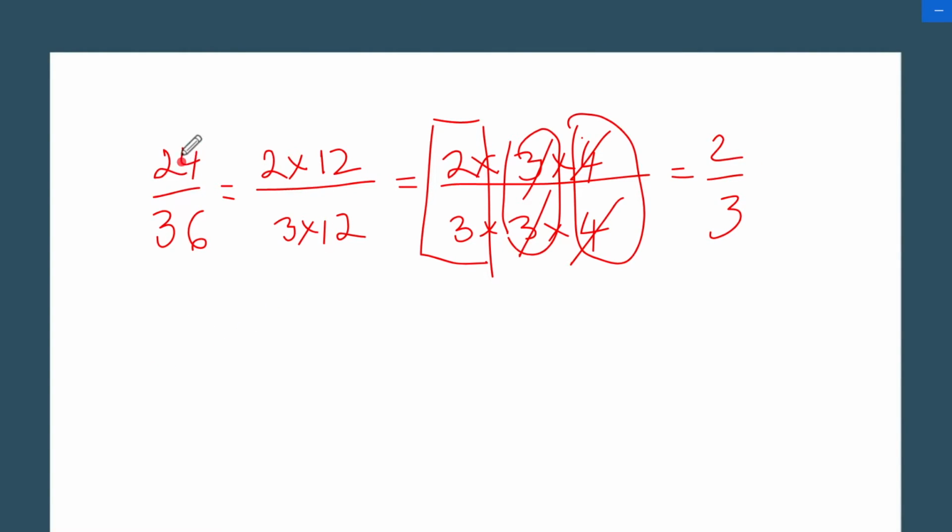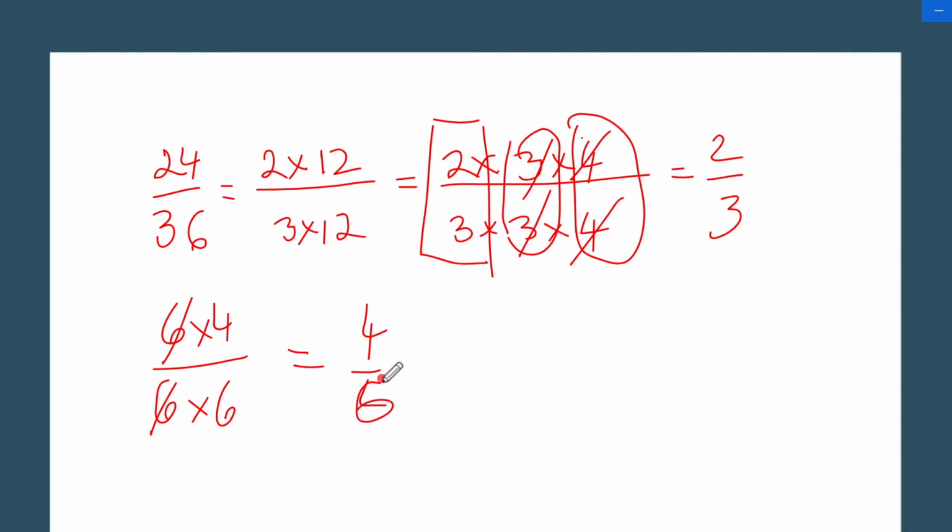Another way you could have looked at this was to see it as 6 times 4 and 6 times 6. So then you could have simplified by 6, and then you could have said, well, it's 4 over 6.